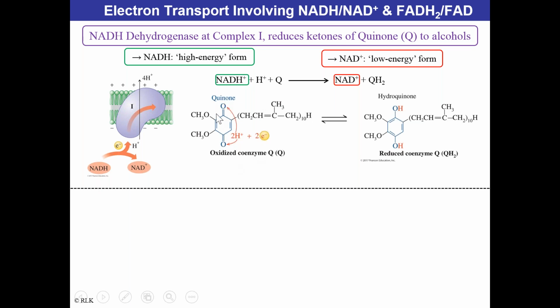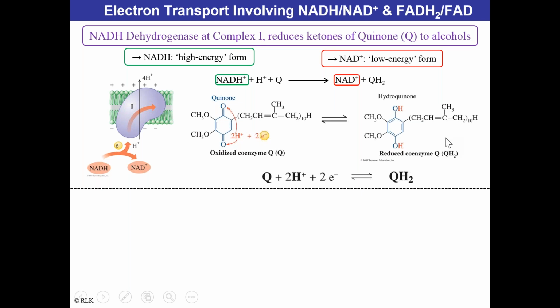You see the oxidized coenzyme Q here, where you have these ketone components, the ketone functional groups in this cartoon on the left-hand side. In the presence of a couple of protons, which is balanced by the 2 electrons, then that can readily get reduced to alcohol. So then you've got hydroquinone. So you go from quinone to hydroquinone.